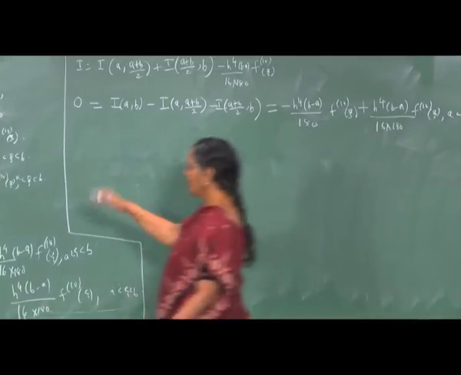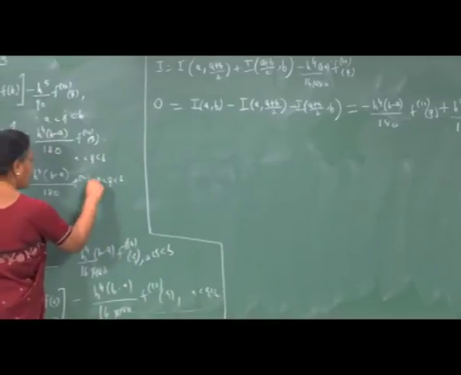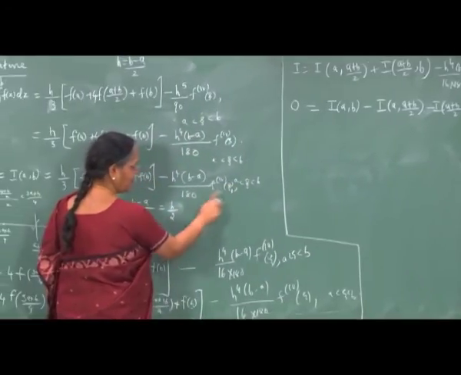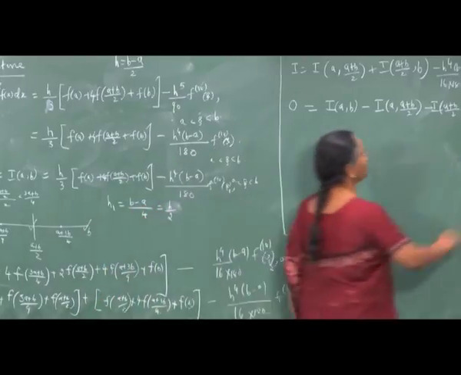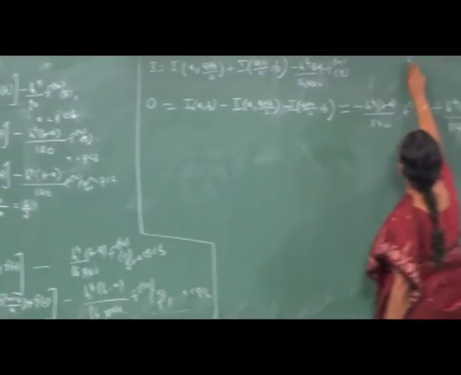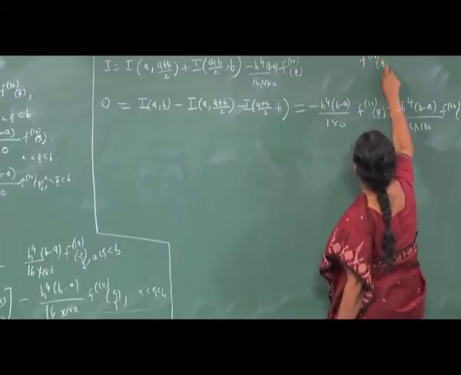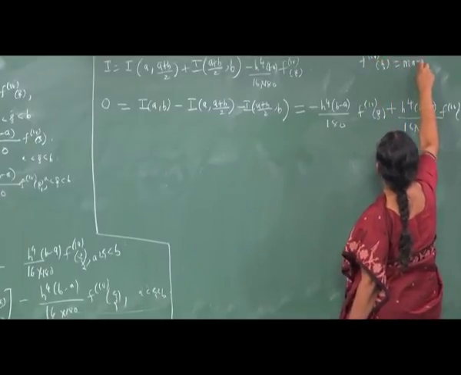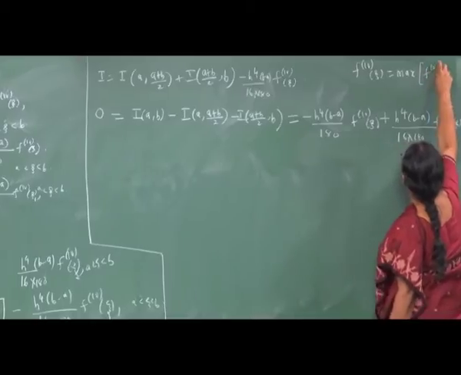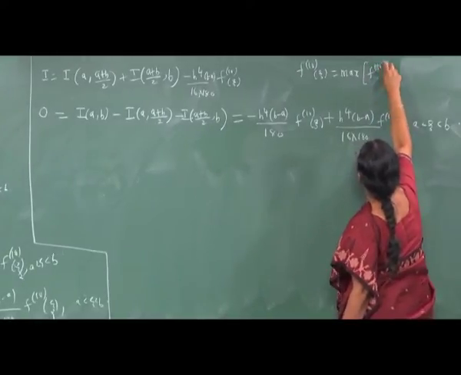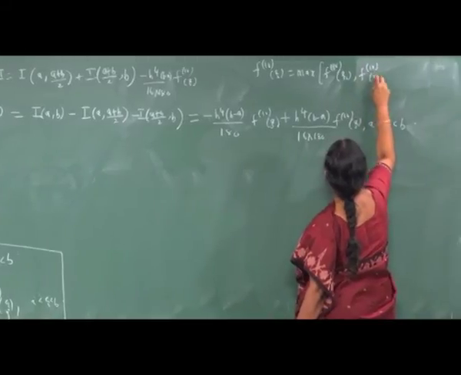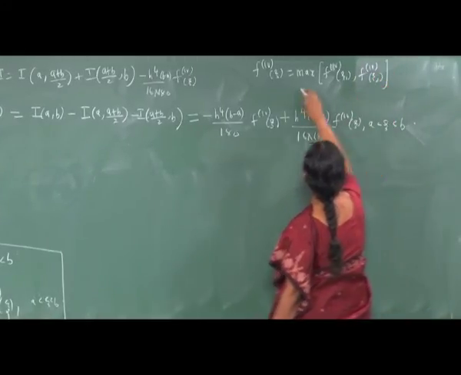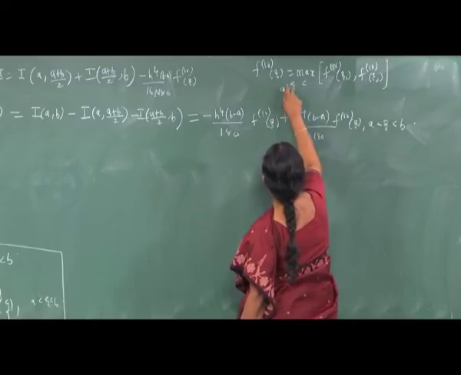So, if you want, you can replace this by fourth derivative at psi 1 and this as fourth derivative at psi 2 and say that the fourth derivative of psi is maximum of the fourth derivative of f at psi 1 and fourth derivative of f at psi 2 for psi lying in a to b.